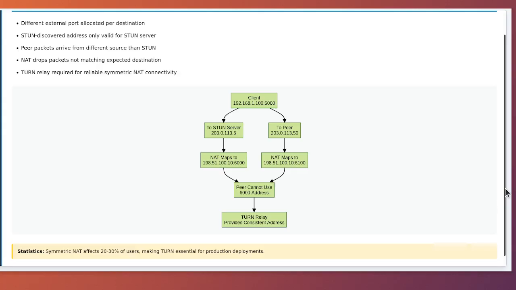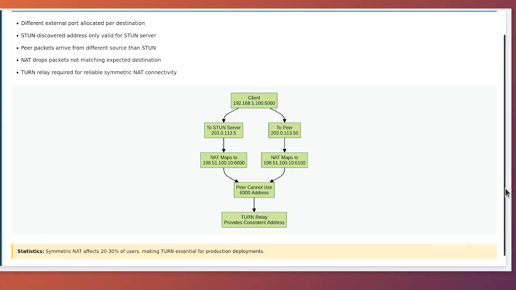The situation gets even more complex when both peers are behind symmetric NAT. Each peer discovers a reflexive address through STUN, but those addresses only work for talking to the STUN servers, not for talking to each other.